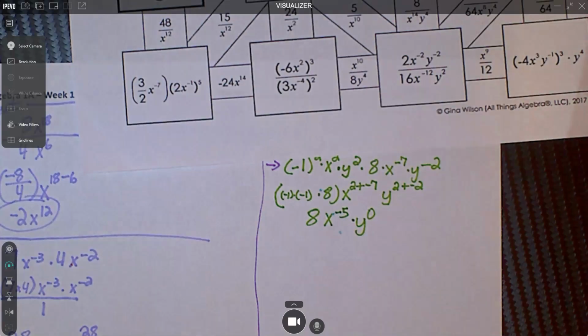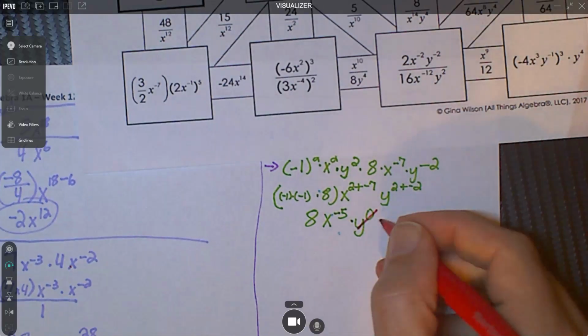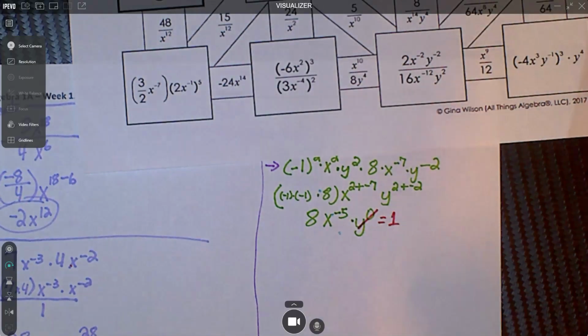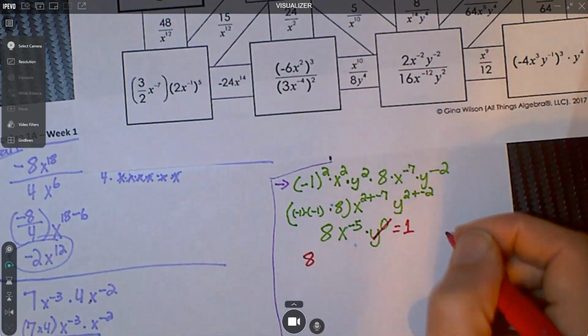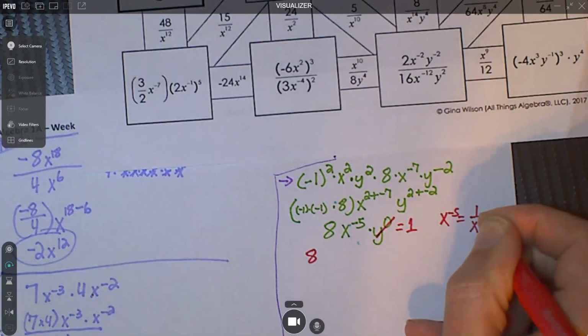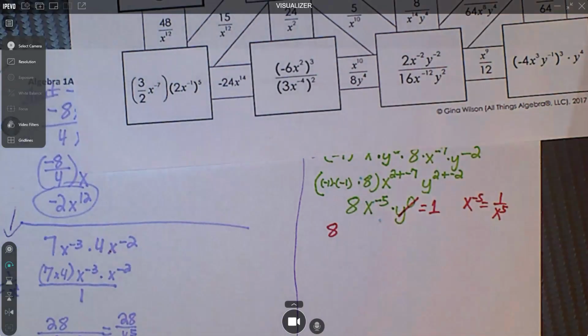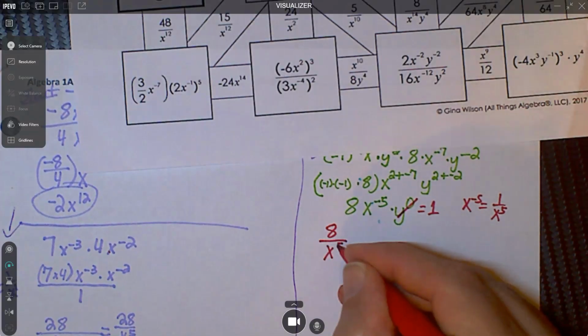Anything to the 0 power is 1. 1 times 8 is 8. X to the negative fifth is 1 over x to the fifth. They're equivalent. So you move those to the back.